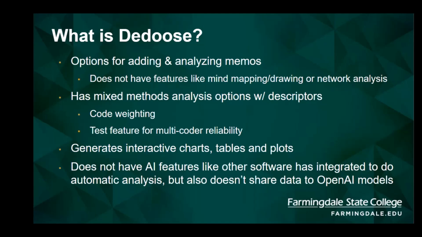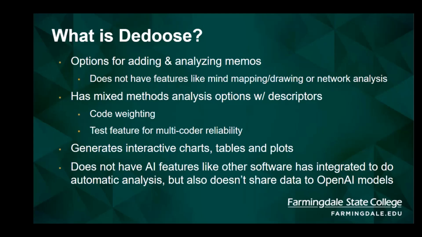Yeah, so I just want to note here, in that presentation prepared by the other librarian, they noted that In Vivo and Atlas and others have started to add in AI features where it'll kind of suggest themes to you. As a qualitative researcher, I have some challenges with this because I feel like the researchers should be generating the themes.